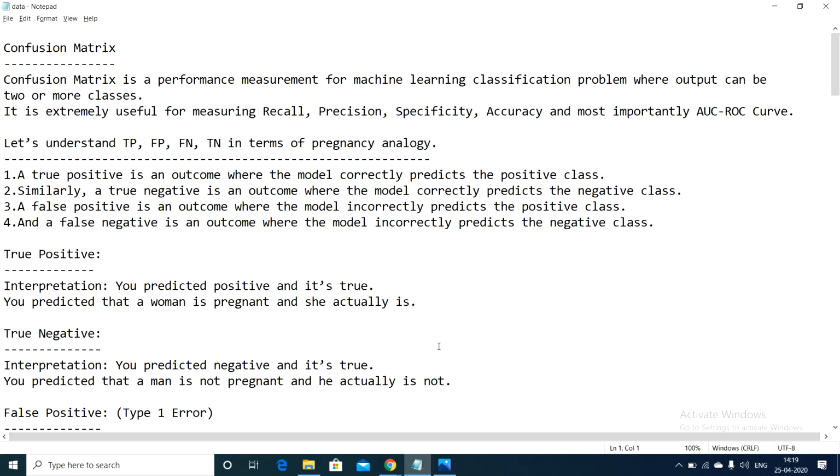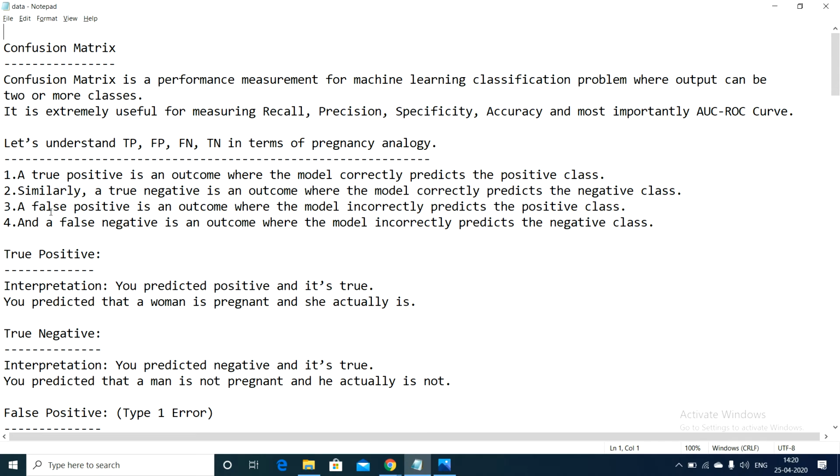Let us come to here. Let us understand what exactly true positive is, false positive is, false negative is, and true negative is. Now see here, a true positive is an outcome where the model predicts the positive case correctly. The model is predicting correctly, and the positive case is being predicted correctly.